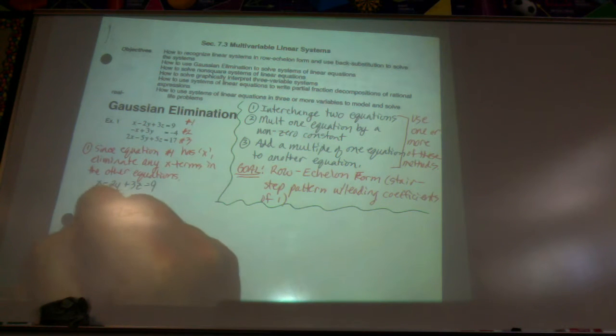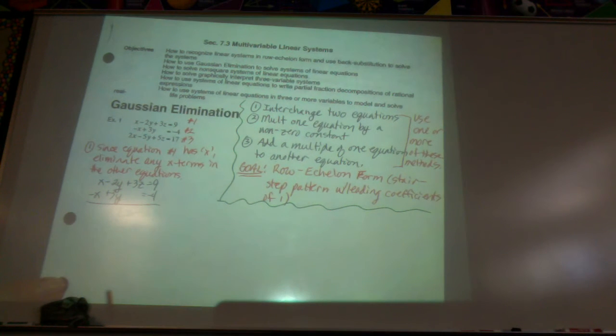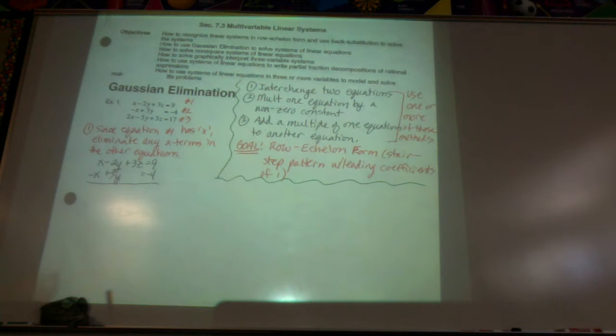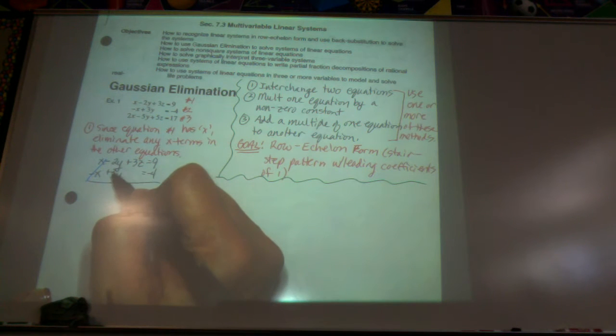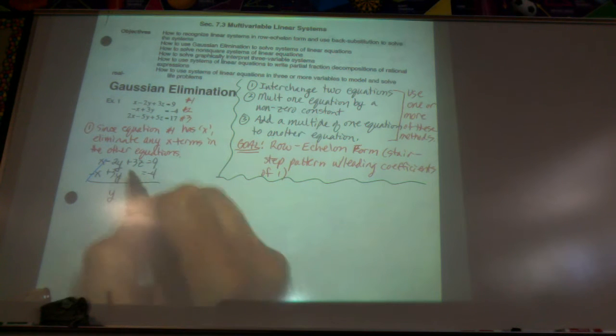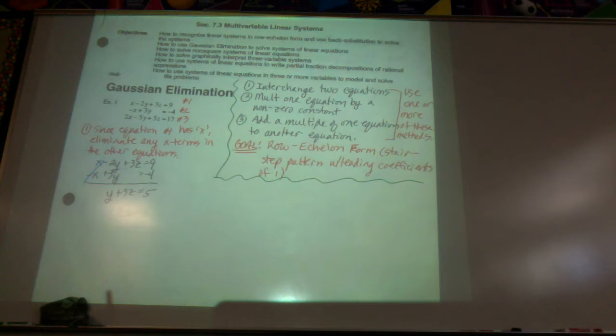I'm going to add to it negative x plus 3y equals negative 4. So my x's cancel, and I end up with a negative 2y and a positive 3y is just a y, plus 3z is equal to positive 5. Glory be, my y actually has a coefficient of 1. Nice.